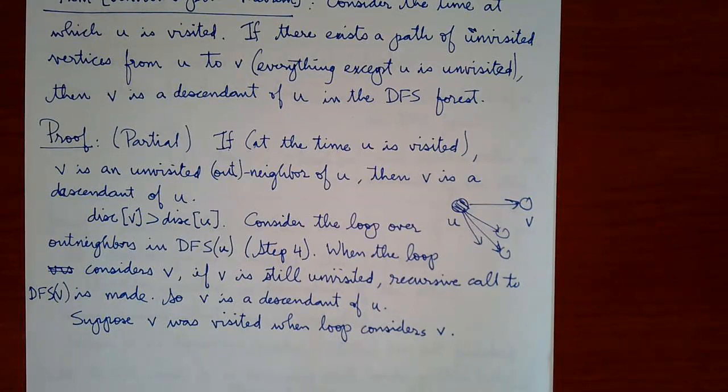Does that make sense? I have to be a little careful here in what I say. There are three kinds of visited vertices. There are those that have gone onto the stack and left the stack. Anything that's been visited has been discovered, so either it's finished or it's not finished.